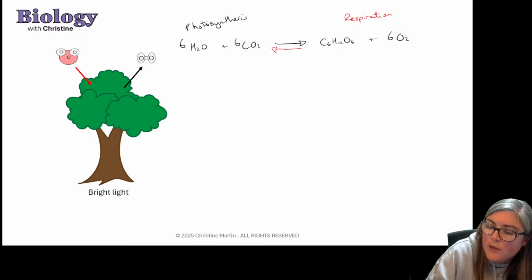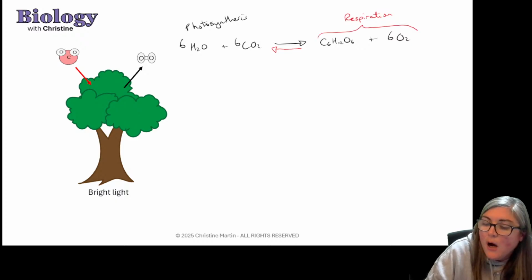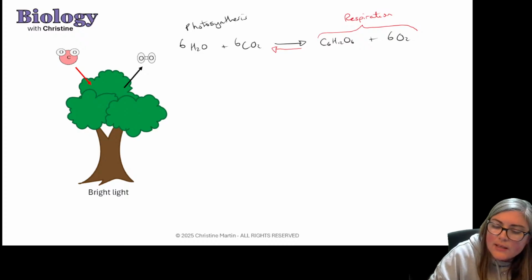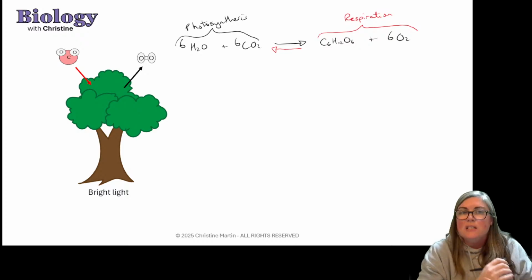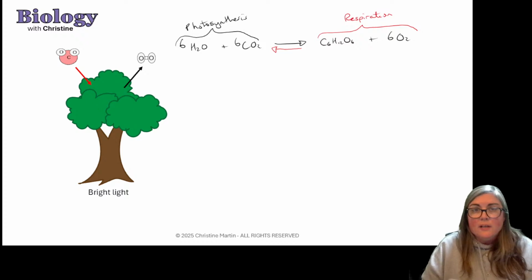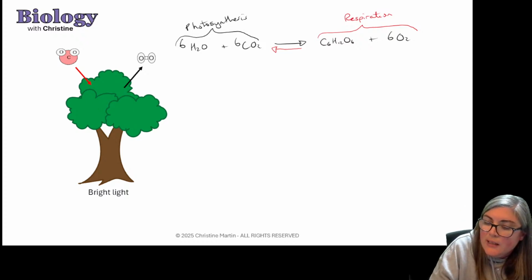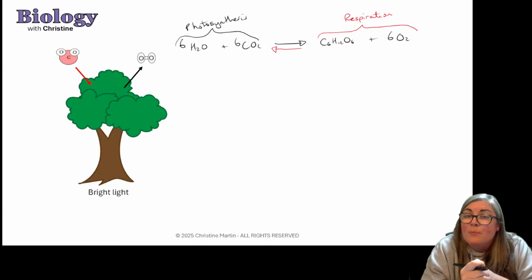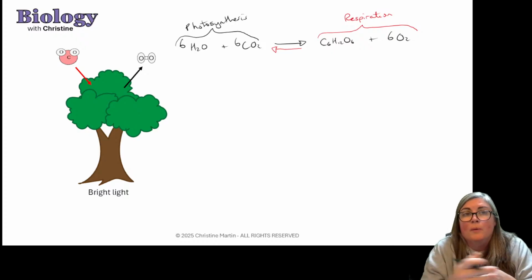We should know that these two are the reactants for respiration, whereas these two are the reactants for photosynthesis. So whether they are the products or reactants is really important when we are looking at the equation that we have been given or the question that we're being asked.